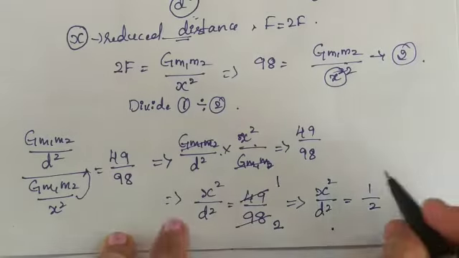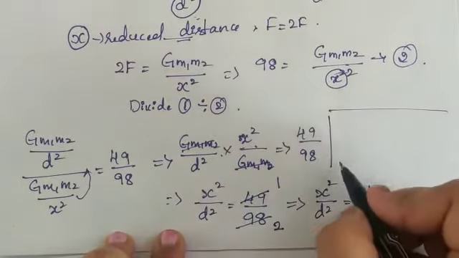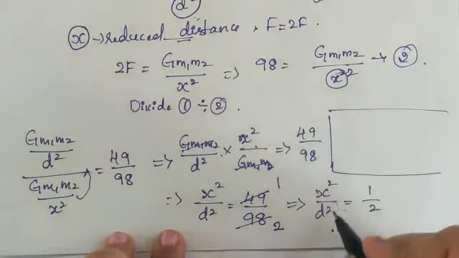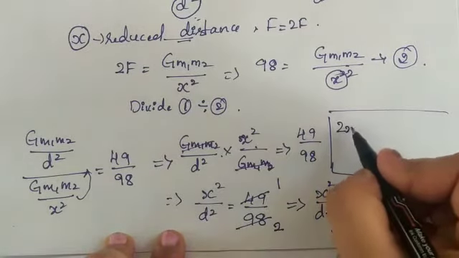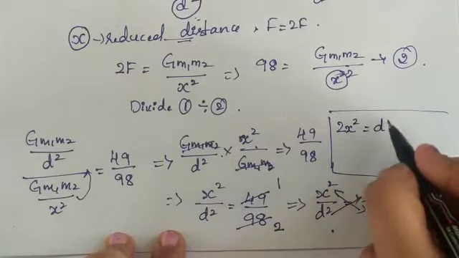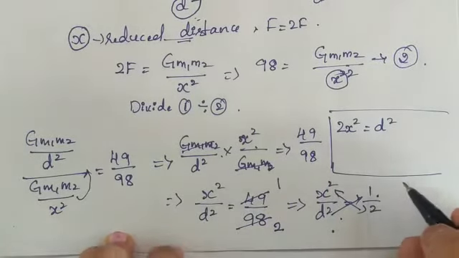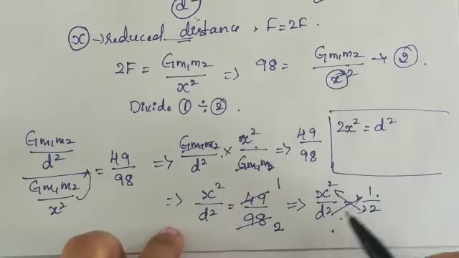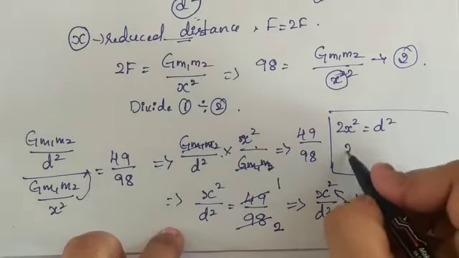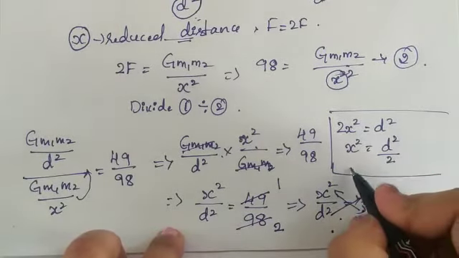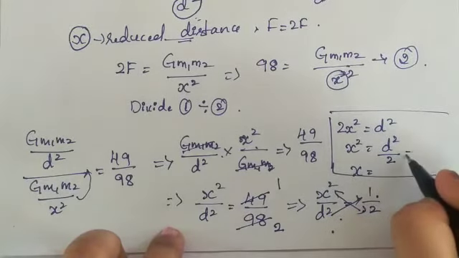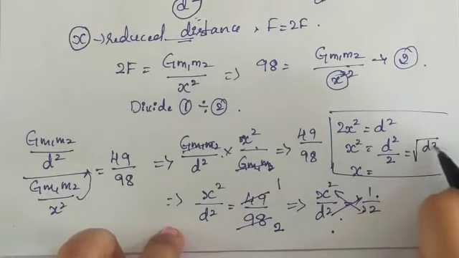Now what will the value of x be? Let me cross multiply: 2x square is equal to D square. So x square is equal to D square by 2. Now x will become the square root of D square by 2.